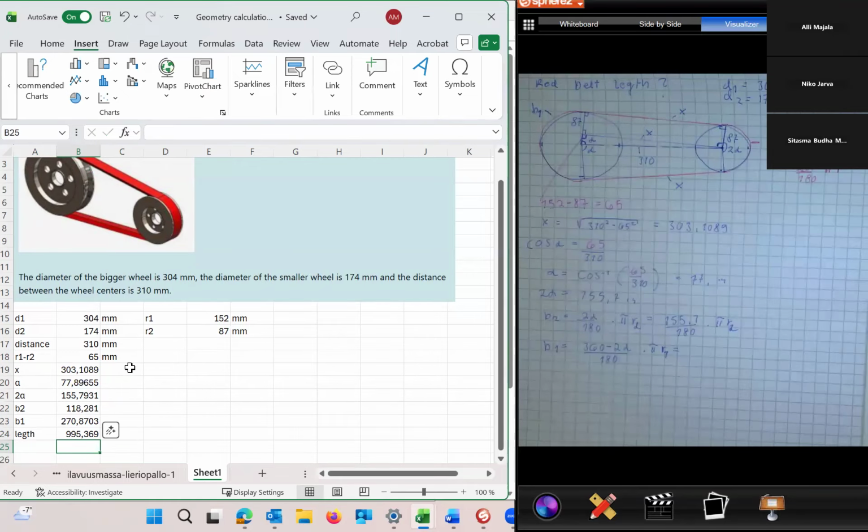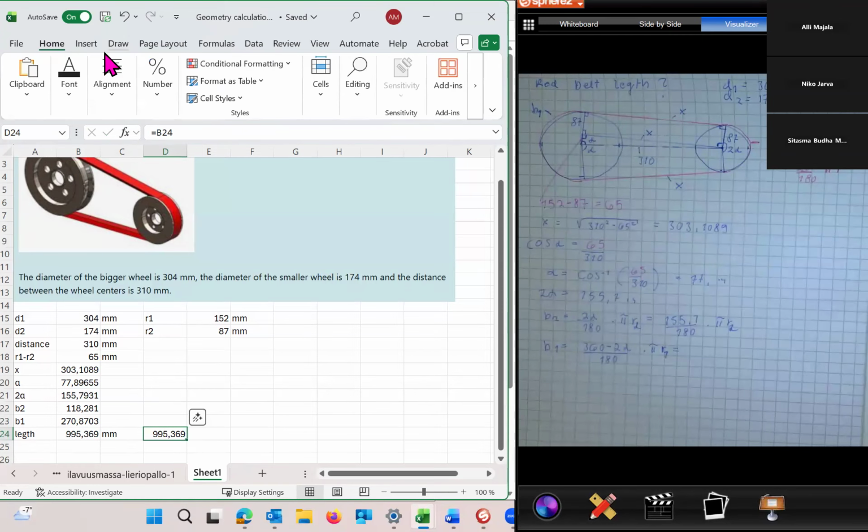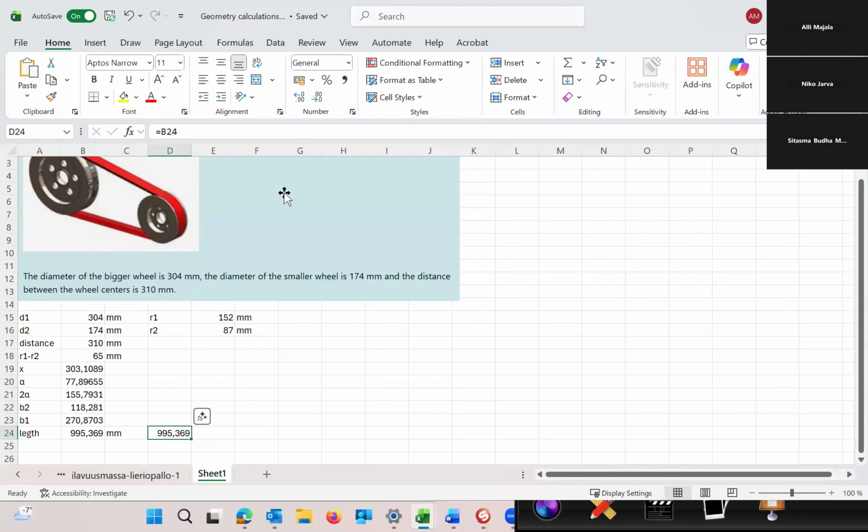And this is all millimeters. And then I have to round it. Right, now it shows me this.